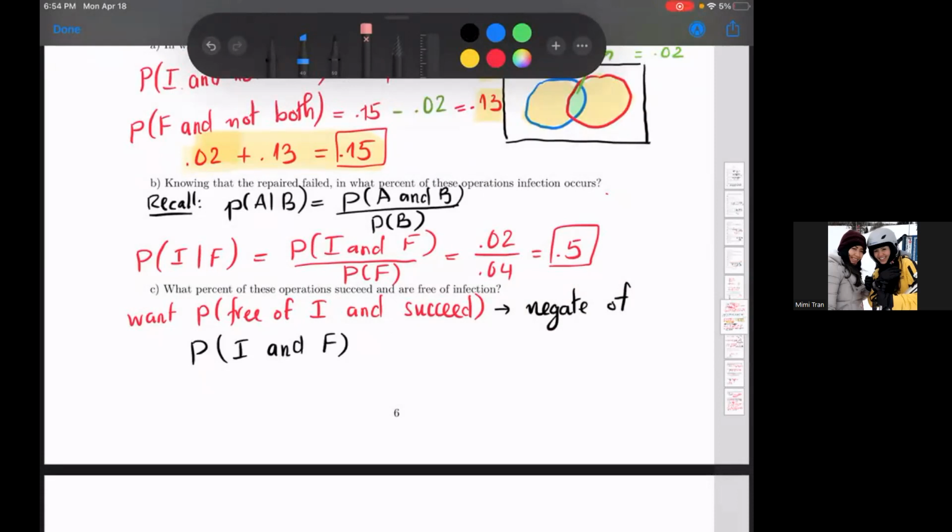Okay, what's the negate of P of infection and failure? Maybe I'll write it in mathematical notation. Negate in mathematical notation, like that little sweeping. Or you can do it fancier, like the little bar. Right, negate.